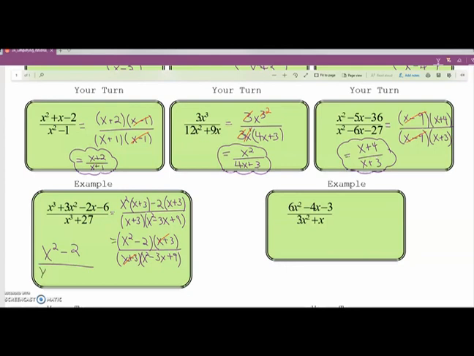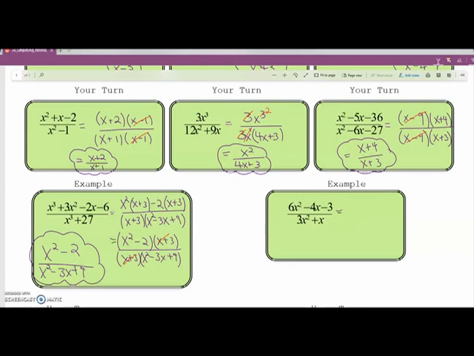Whatever's left is my answer. Again, why can't you cancel out the x squareds? Because they're not part of a product. Product is a multiplication expression.